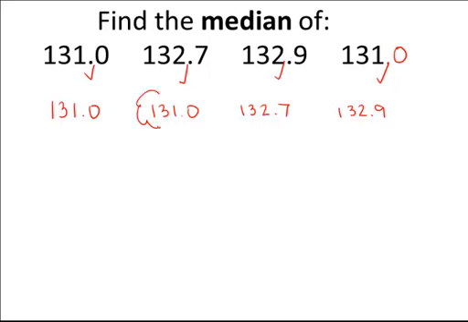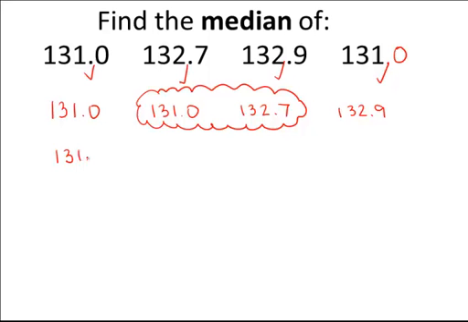When I have an even number of elements in my data set, the way that I find the median is by taking the average of the two middle values. So I will add up these two middle values and divide their sum by 2.